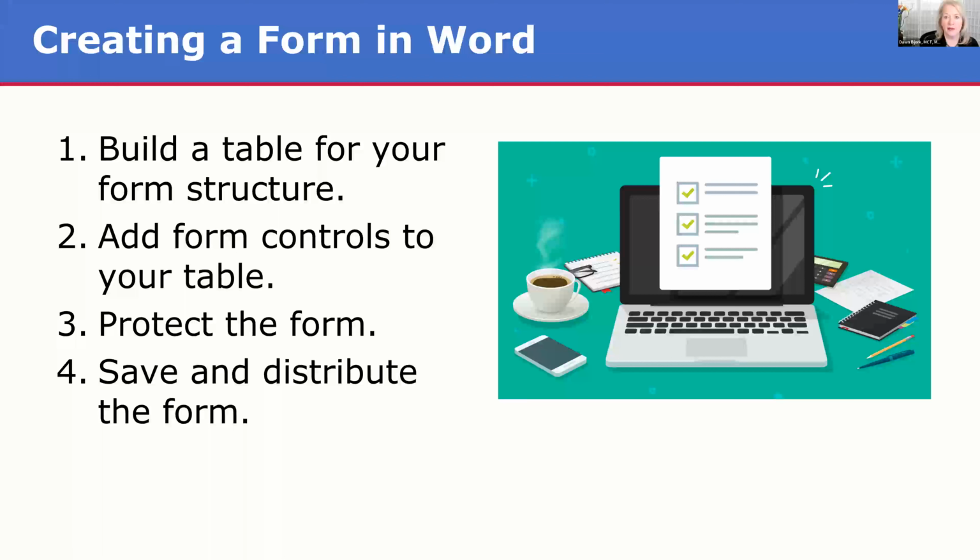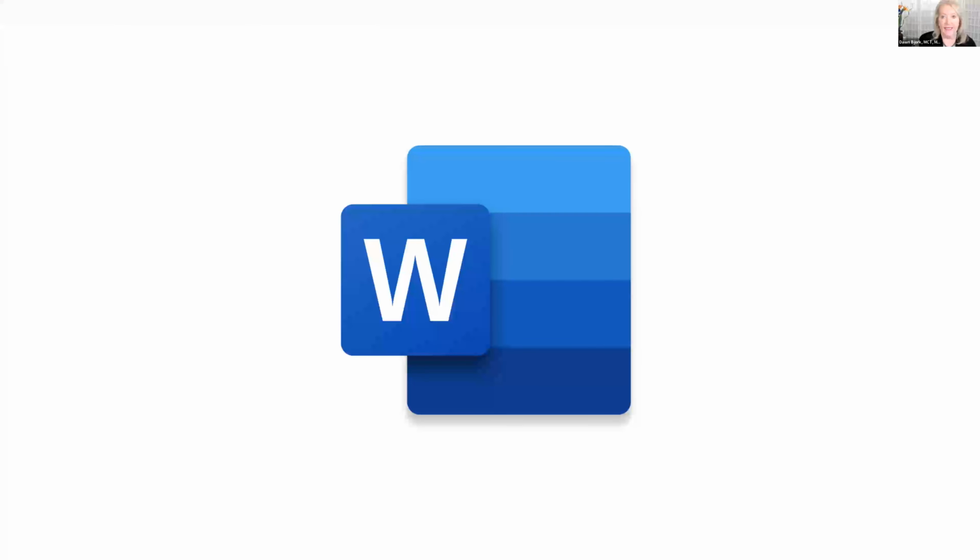I'll show you then how we can add form controls to your table, how we protect the form so that the users cannot change any aspect of the form except where you want them to complete data, and then how we can save and distribute the form. So those are some of the things that will be coming up in the second half of our time together. So let's go ahead then and explore.